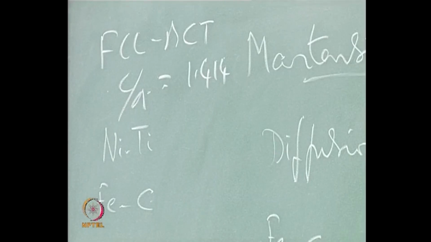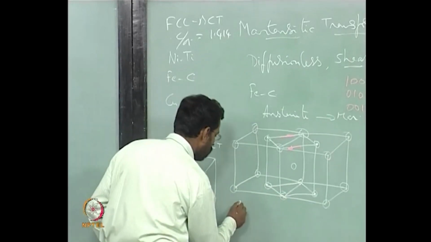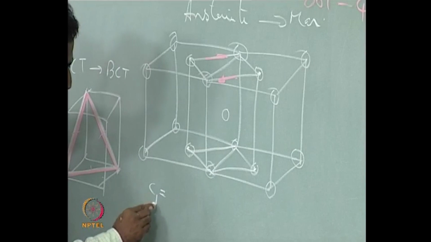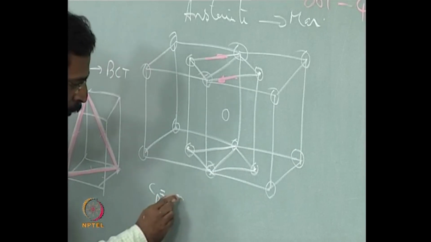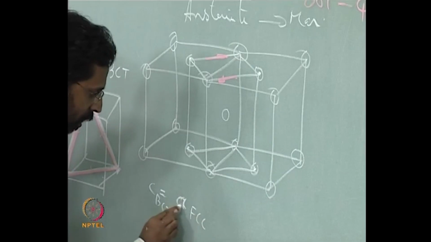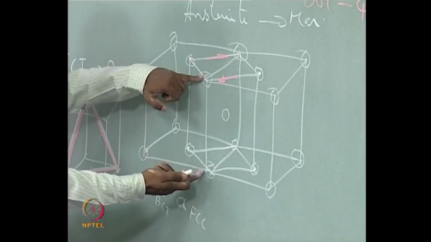Why? You can see the C now is the same as A. C of the BCT is equal to A of the FCC, am I right? Nothing is happening to this.